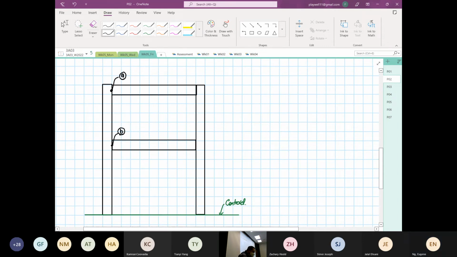Okay. So we have a shear flow coming down here. This is our Vy. Sorry, shear force. So the rules still apply, right? The rules still apply, that the Q is going in this direction.